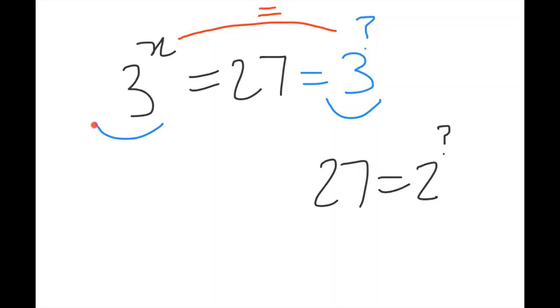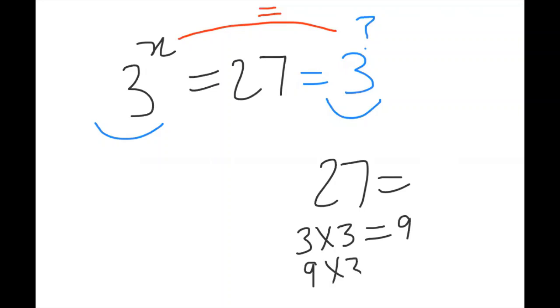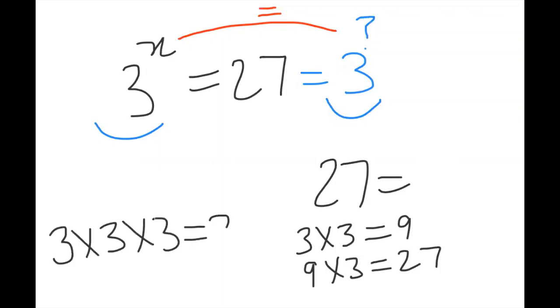Why? Because the bases are the same. So let's see what we can do. For 27, let's take not 2, but let's see if we can do 3. Ask yourself, what is 3 times 3? That is 9. And if we take 9 times 3, then we get 27. So we can actually say 3 times 3 times 3 gives us 27, so 27 is 3 to the power 3.